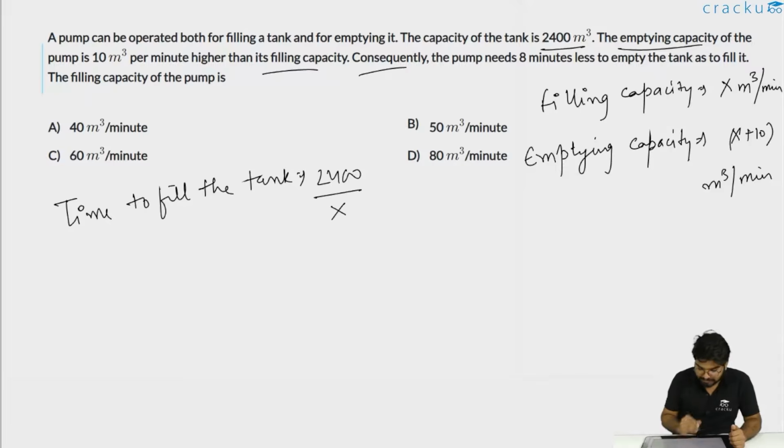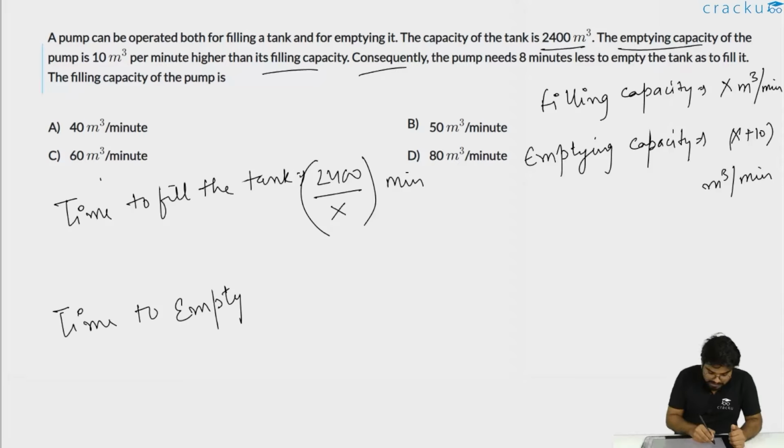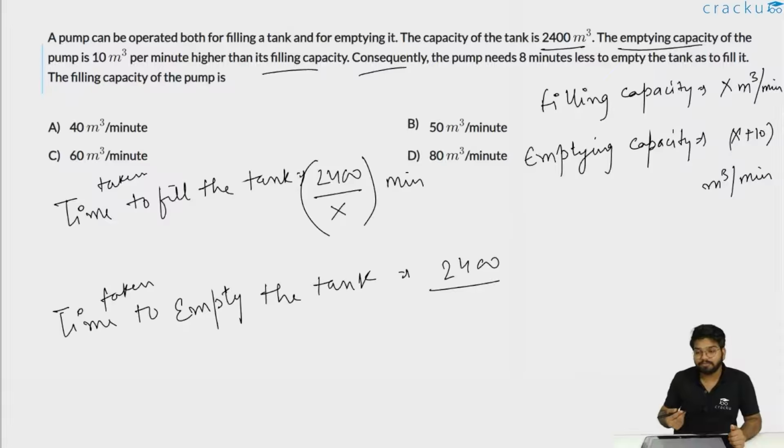So how much time will it take? 2400 divided by x minutes. Similarly, time taken to empty the tank: again, the capacity is 2400 and it is emptying at the rate of x plus 10 meter cube per minute. In 1 minute, it is emptying x plus 10 meter cube. So how much time will it take to empty 2400 meter cube? This will be 2400 divided by x plus 10 minutes.